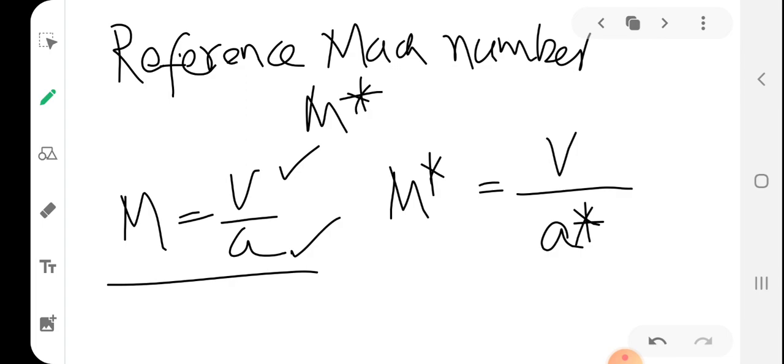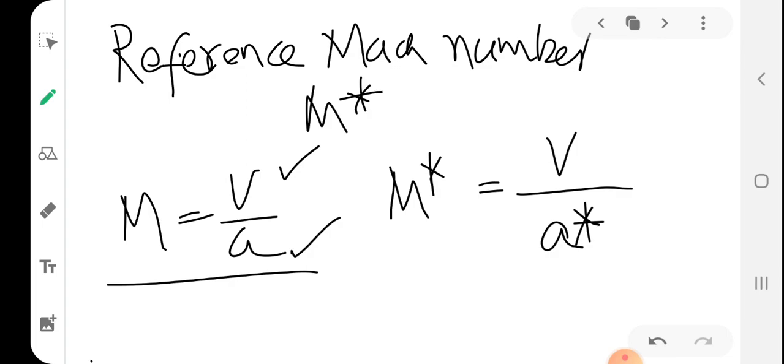So there are mainly two disadvantages in case of Mach number. First one is that it is not proportional to the velocity alone. Mach is inversely proportional to A also, right?